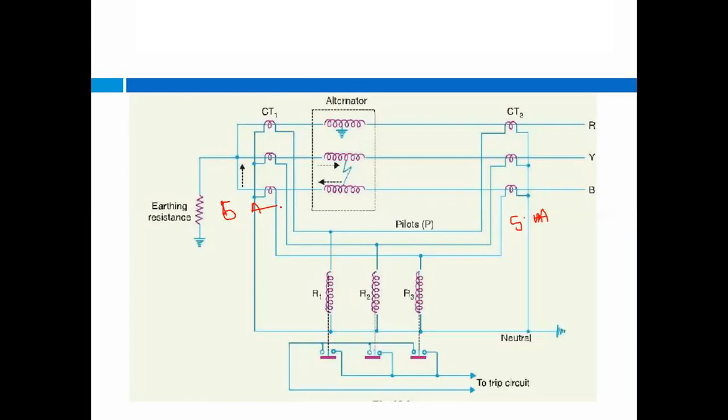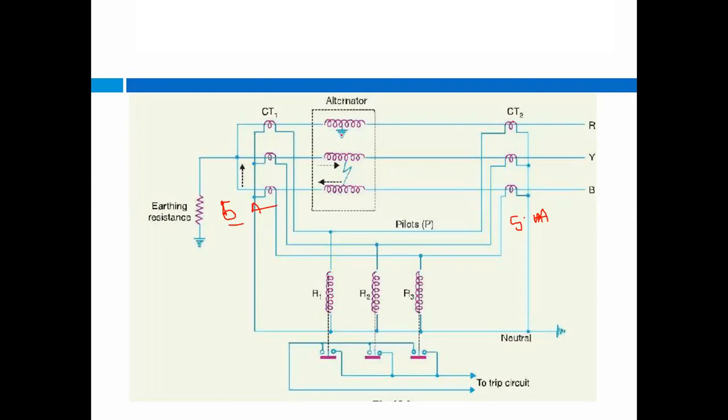So this is your 5 ampere, and now the CT secondary current will increase here, and that difference will pass through these relays.